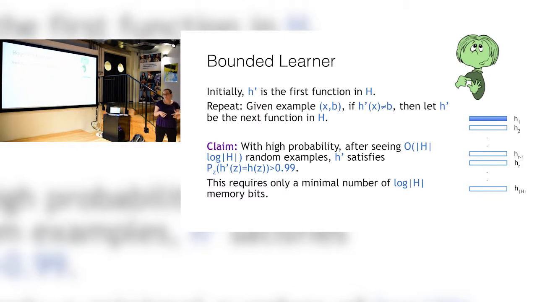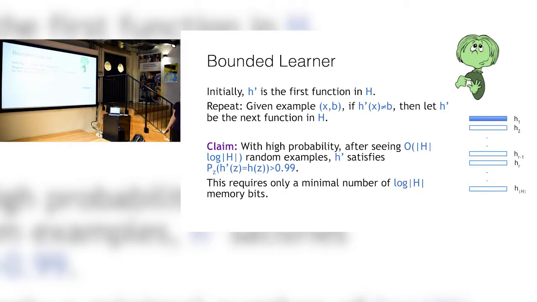We just take new examples and check whether it's consistent or not. If it's not, then we just move on to the next hypothesis, and the next, and so on, until we find some good hypothesis. Okay, this is one nice algorithm.